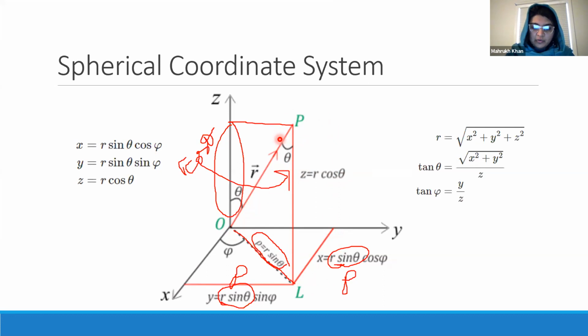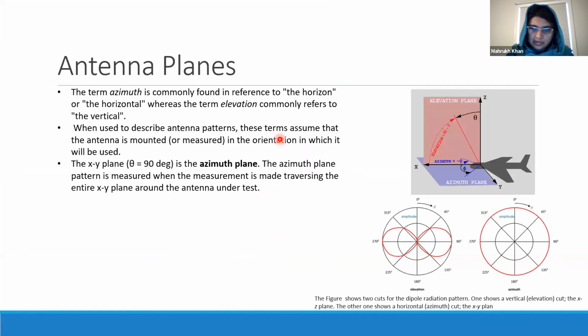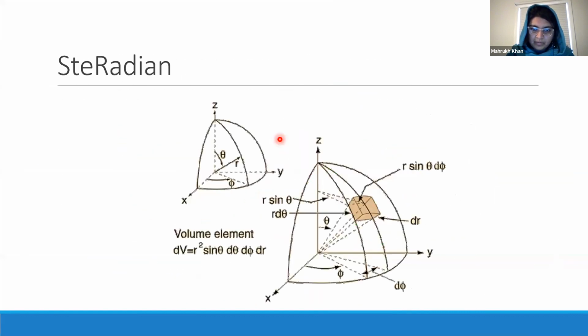Okay, so if you think about this, let's come back to that scenario again. Here you can see that this is your R, but this is the image of your R sine theta. This R sine theta has this image here, okay?